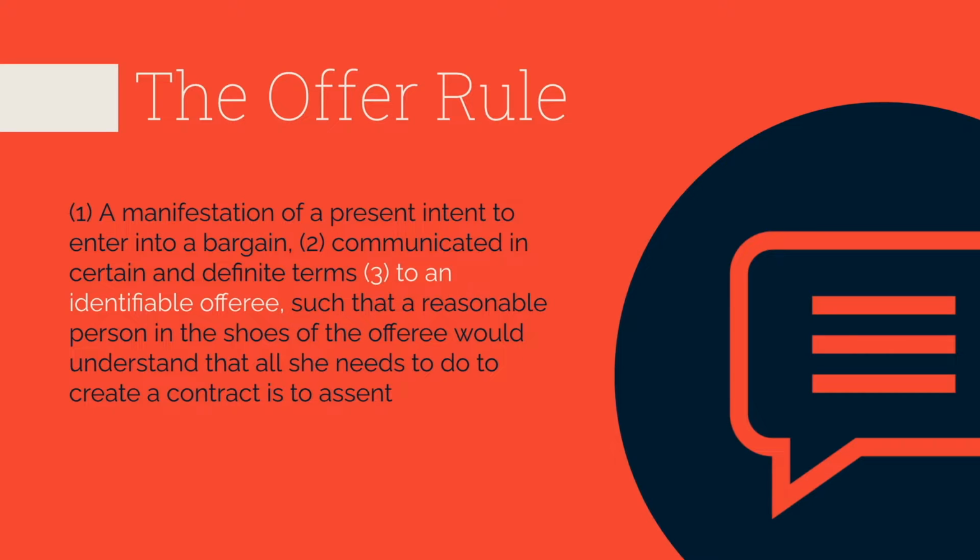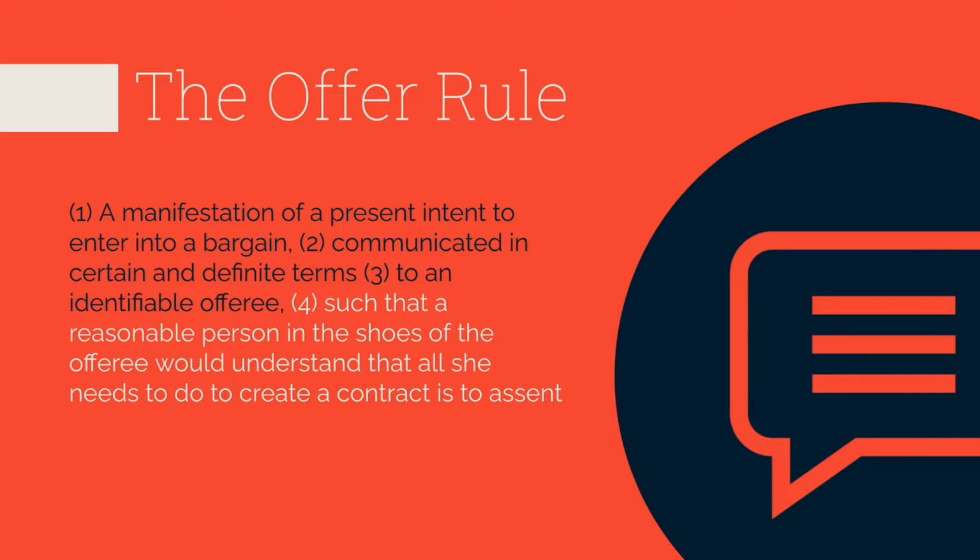And we'll see that means either a particular person or a group of persons. And then we have, embodied in element four, the objective theory of contracts. Would a reasonable person understand this manifestation as being an offer, such that all they would have to do is agree, and that would form a contract?